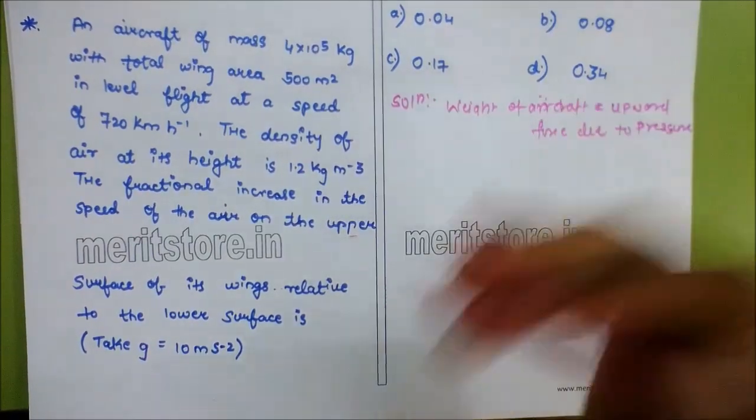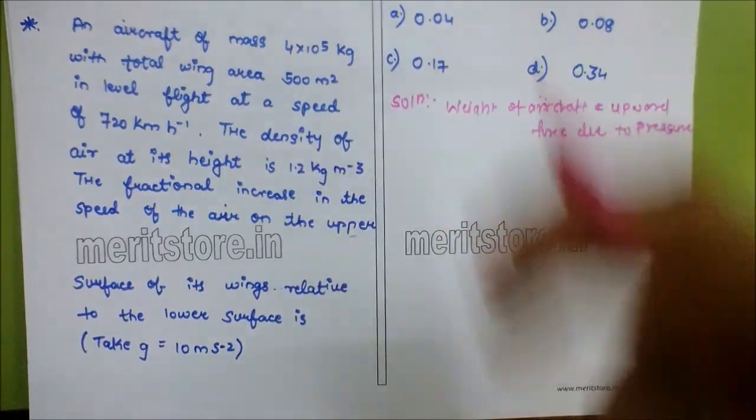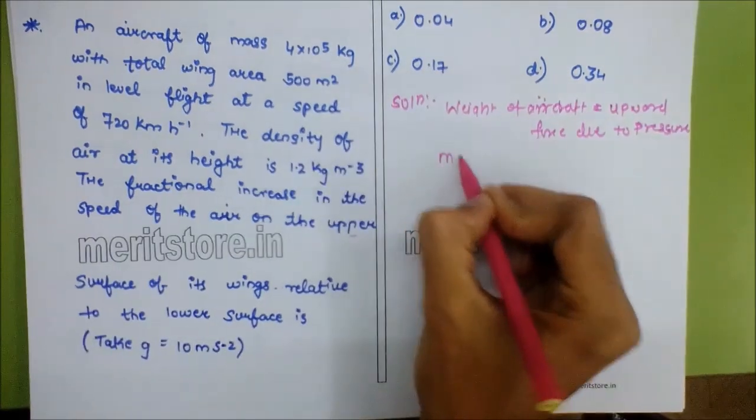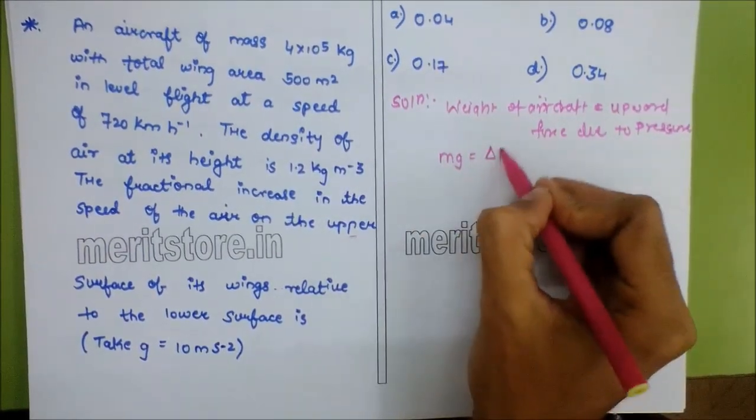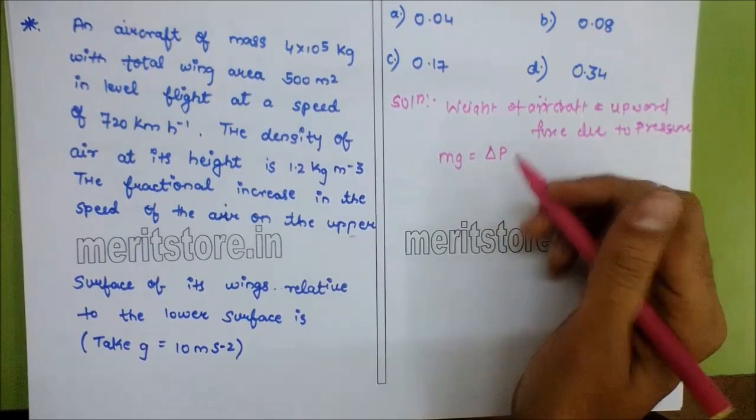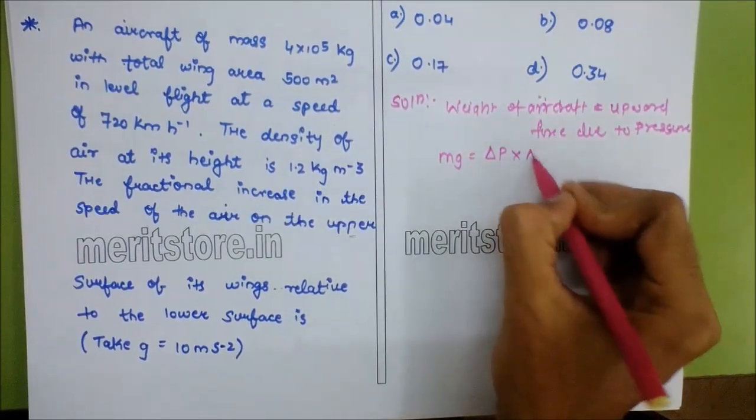There are two pressures, one upward and one downward. So the weight, mg, equals the pressure difference between the upward and downward pressure multiplied by the area.